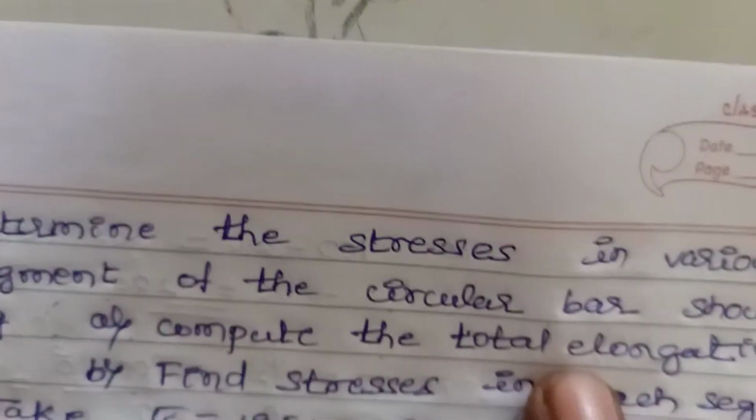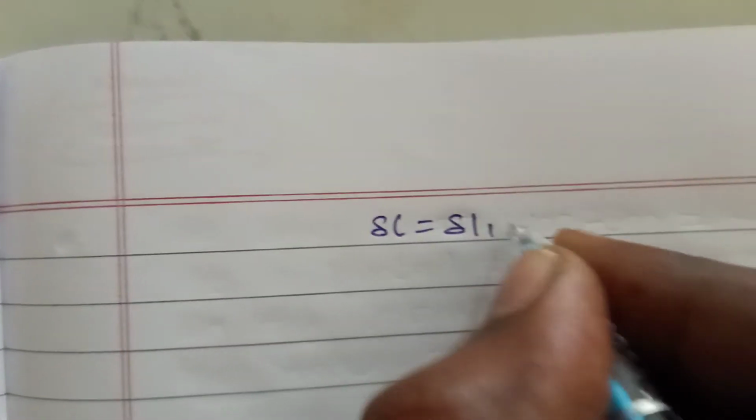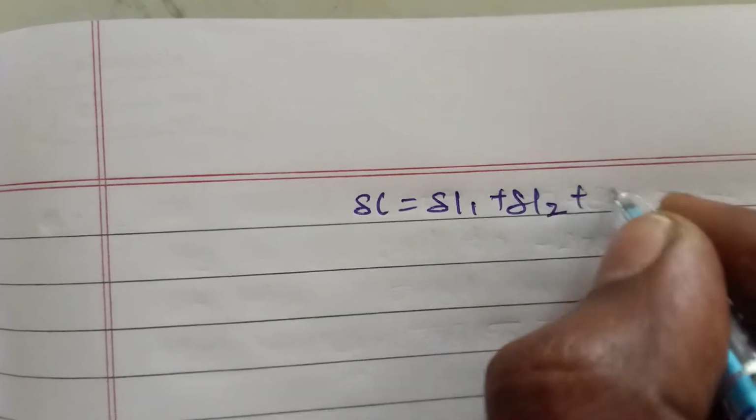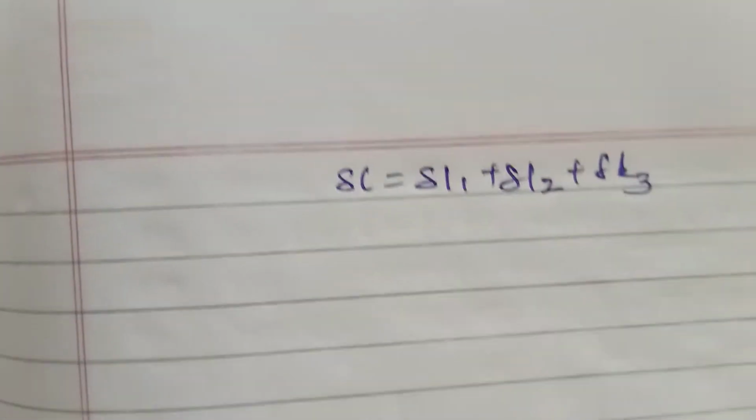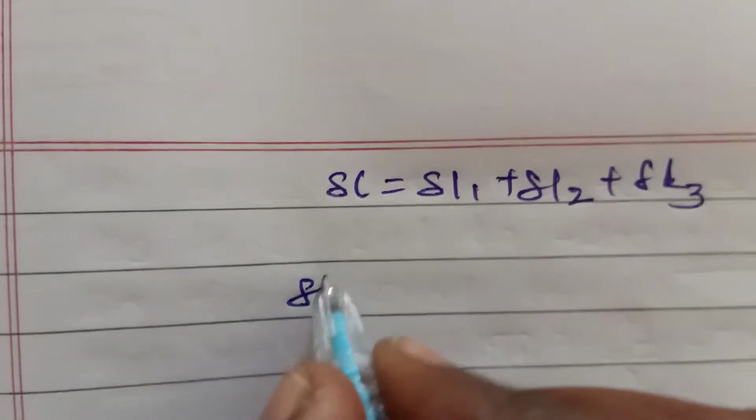Now I am going to calculate elongation. Compute the total elongation. Total elongation is equal to delta L1 plus delta L2 plus delta L3. I don't know the value of delta L1, delta L2, delta L3, so I am going to find out delta L1.